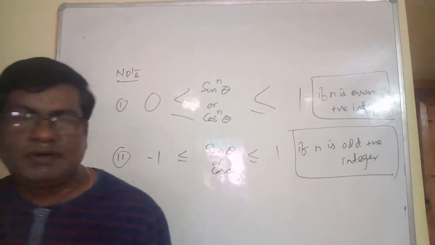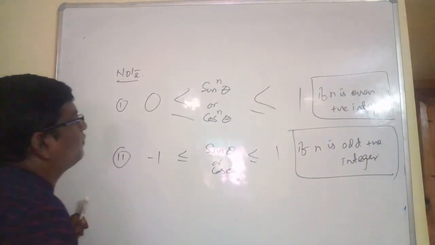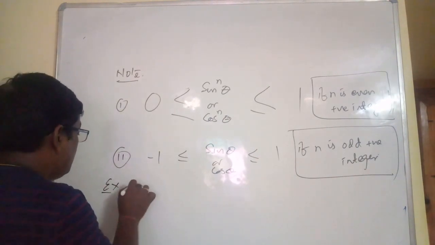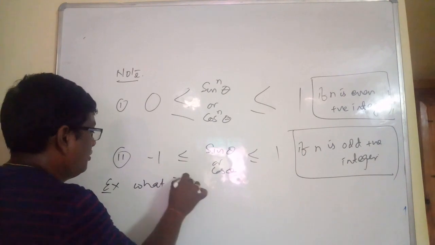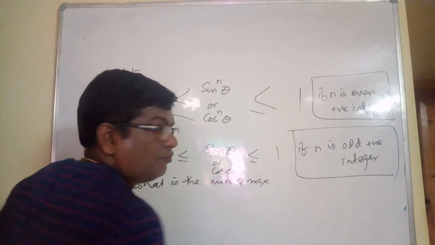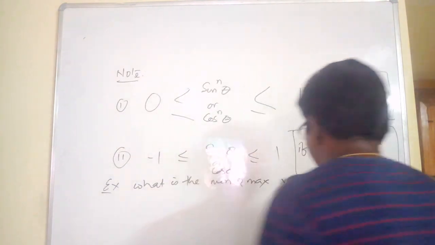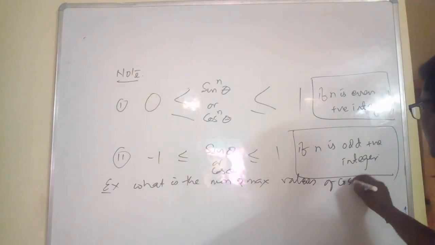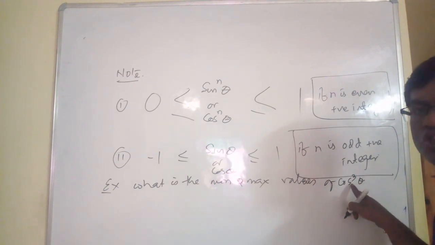One example: what is the minimum and maximum value of cos cube theta? Cos cube theta has an odd power.